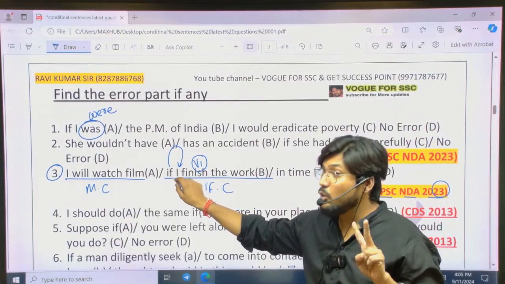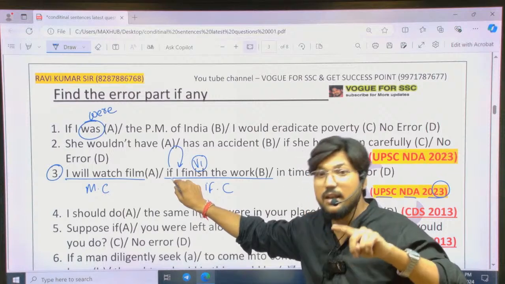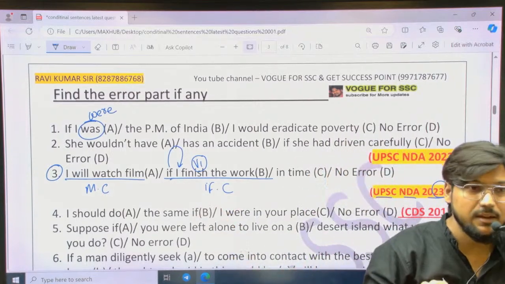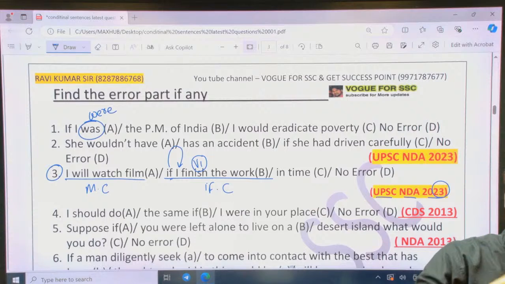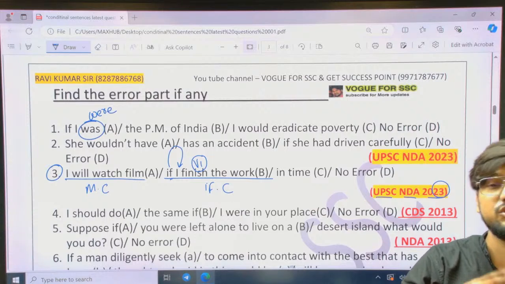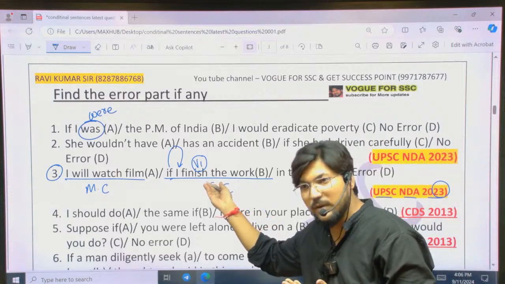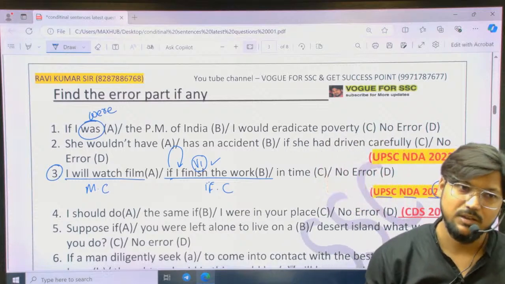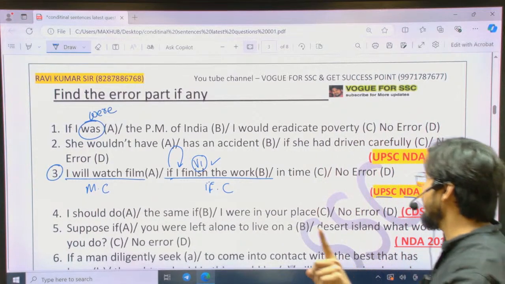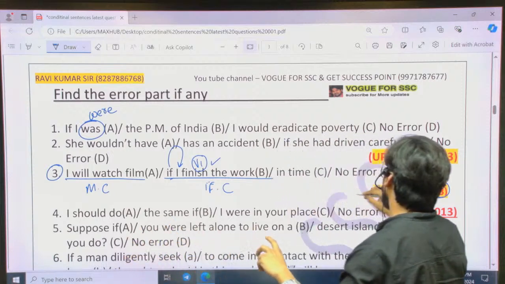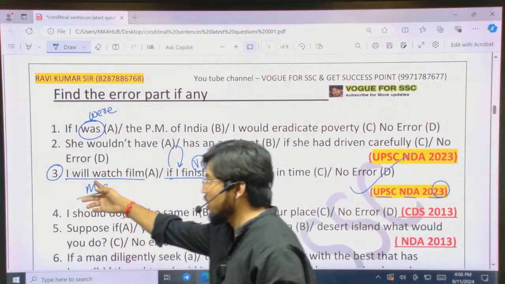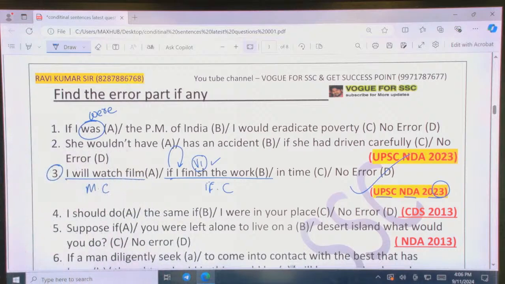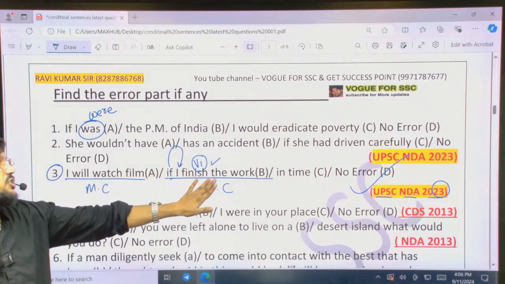If does not like two words, will or shall. There is no will or shall, but V1 or V5 can be used. As rule number 1 has been taught to you, the sentence has no error. But in the main clause, we can use will or shall. Any problem? Sentence is correct. I will watch film if I finish the work in time.